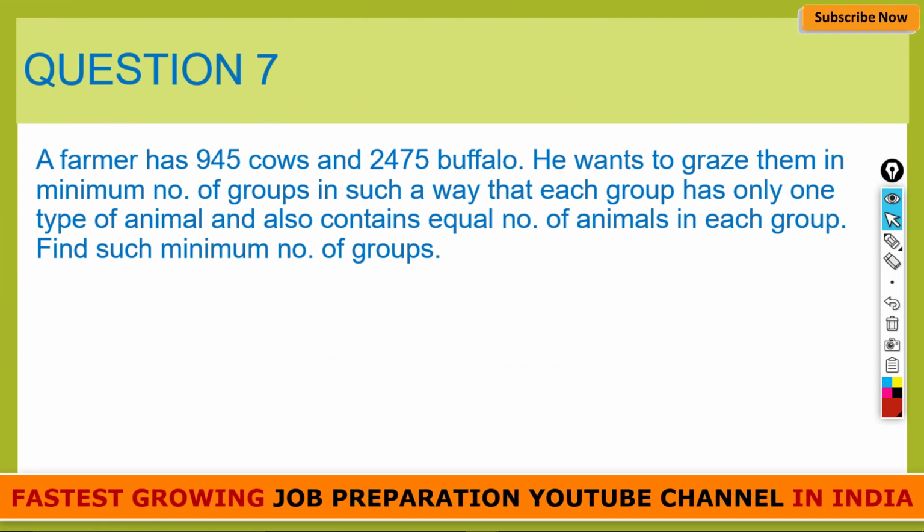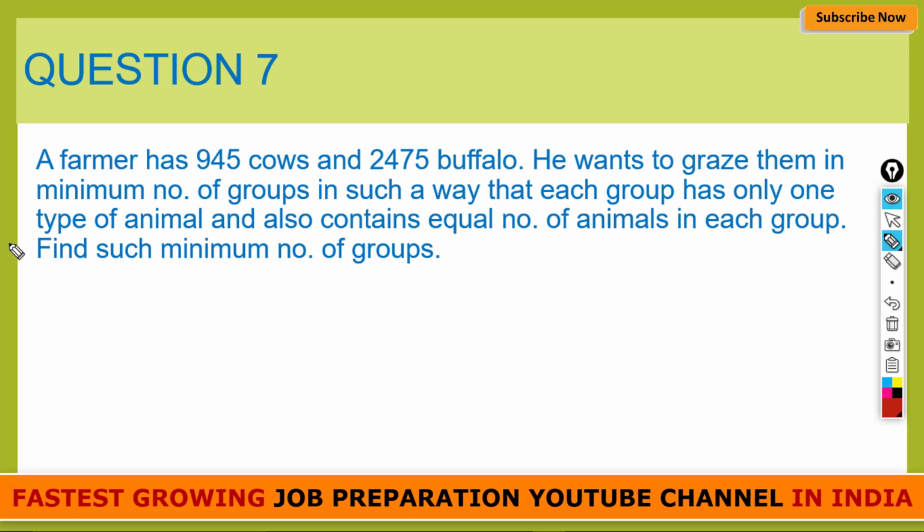So moving to our last question, question number 7. The question says a farmer has 945 cows and 2475 buffaloes. He wants to graze them in the minimum number of groups in such a way that each group has only one type of animal and also contains an equal number of animals.